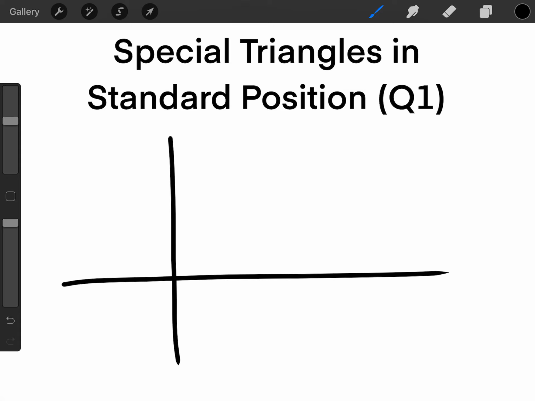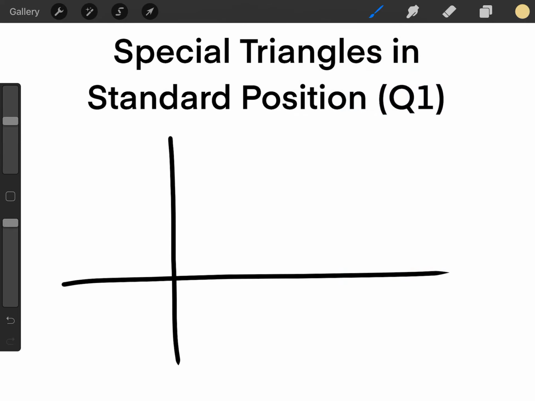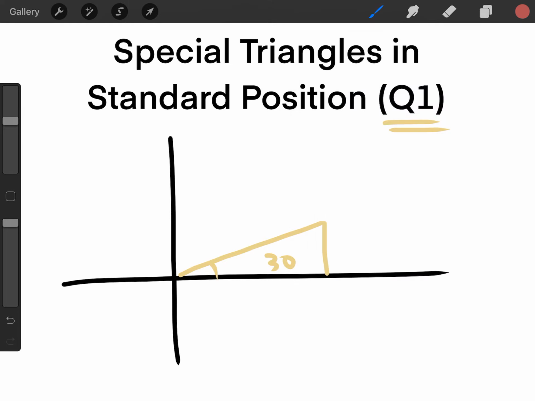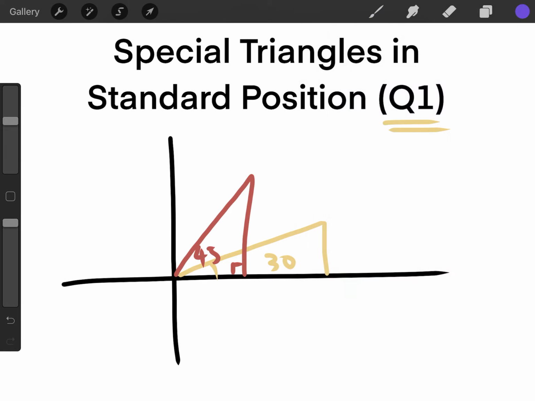For this next part, I want to talk about the special triangles in standard position. When we're drawing the special triangles on the XY axis using the terminal side, initial side, all that stuff, basically everything we're testing you on in Algebra 2 comes from these two right triangles, which give you three right triangles measured as a reference angle.